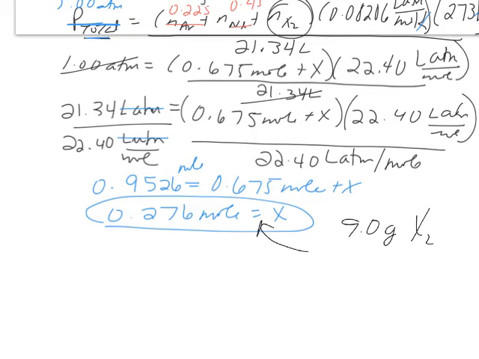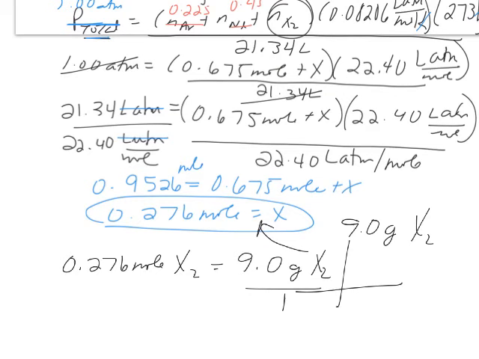So what I did was I just set it up like this: 0.276 mole of this diatomic compound equals, and how would you get that number? You would do 9.0 grams of this element over 1, and then you would multiply it by its molar mass, so that would be how many grams of X2 for 1 mole of X2, and that should give you that answer.